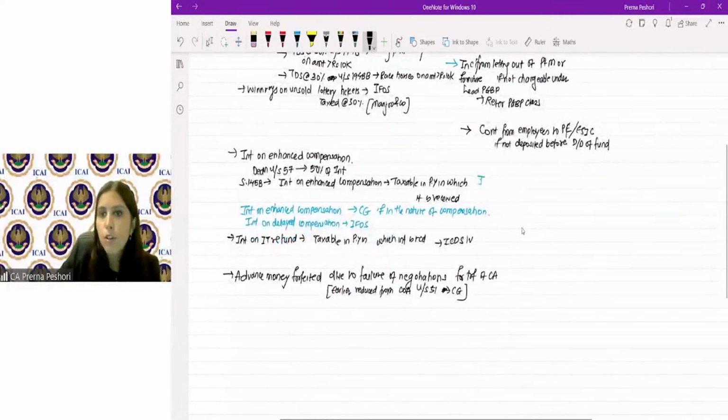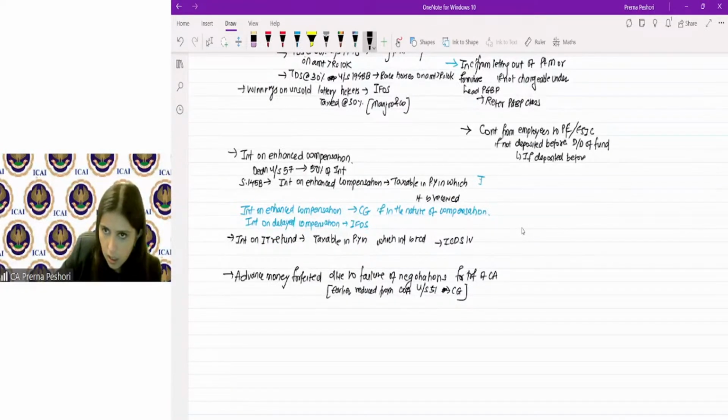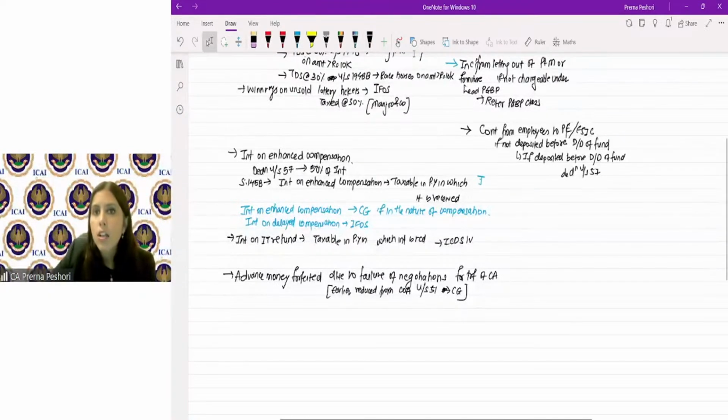If you deposit before the due date of fund, then deduction is allowed under section 57. Fine. So that is the employee contribution to the PF or ESIC, which is not covered under PGBP. Okay, so just write down over here, if not covered under PGBP.